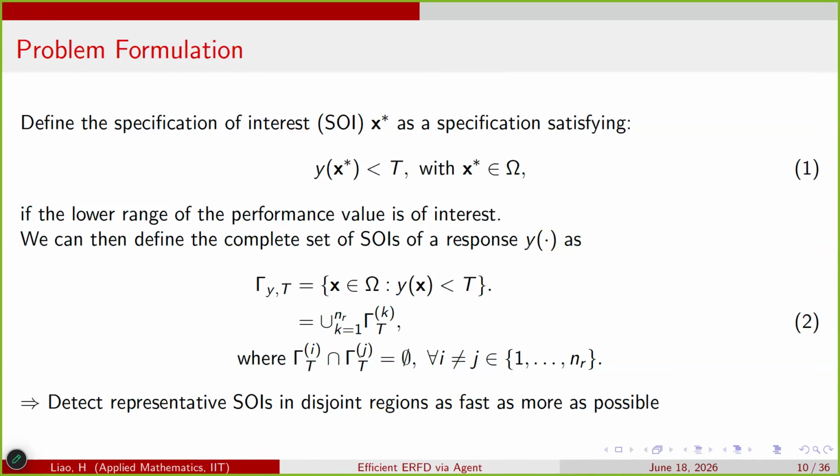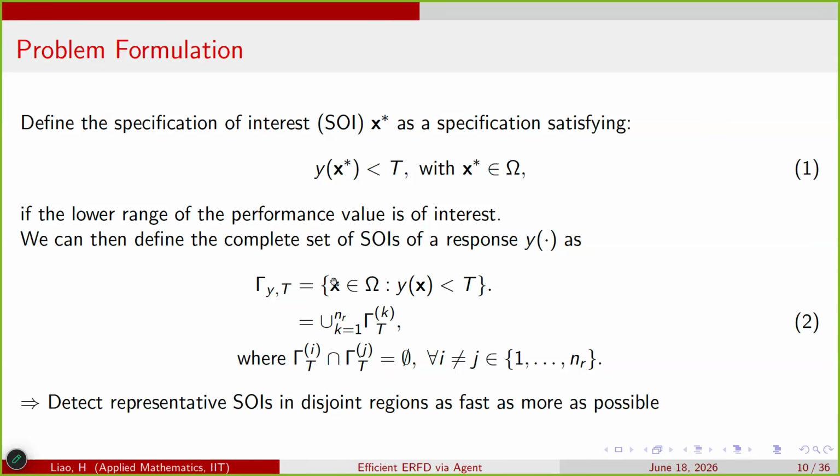If we can find these points, then we can define the complete set of this specification of interest as this capital Gamma_{Y,T}. This T is the threshold, and Y is the performance metric we are interested in.